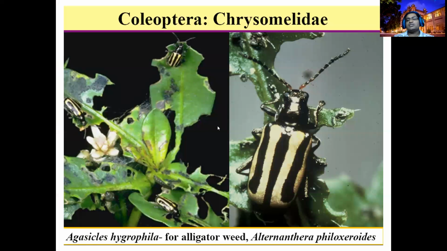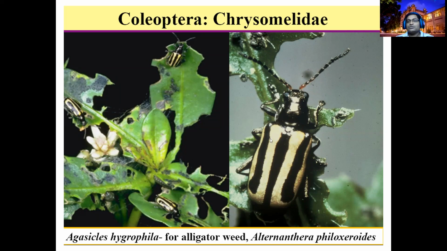This is the first success in Australia. They used a coleopteran beetle, Chrysomelidae, to control Alternanthera philoxeroides. This is a weed like Alternanthera sessilis.